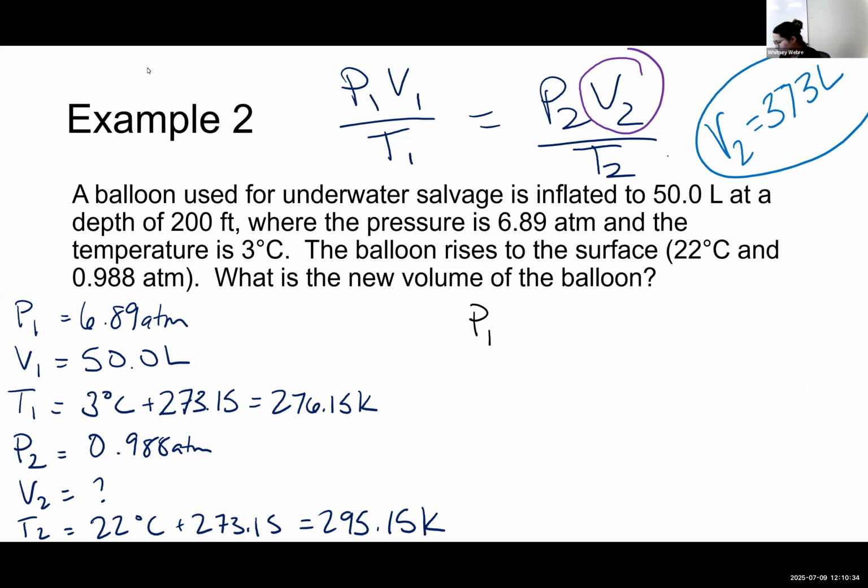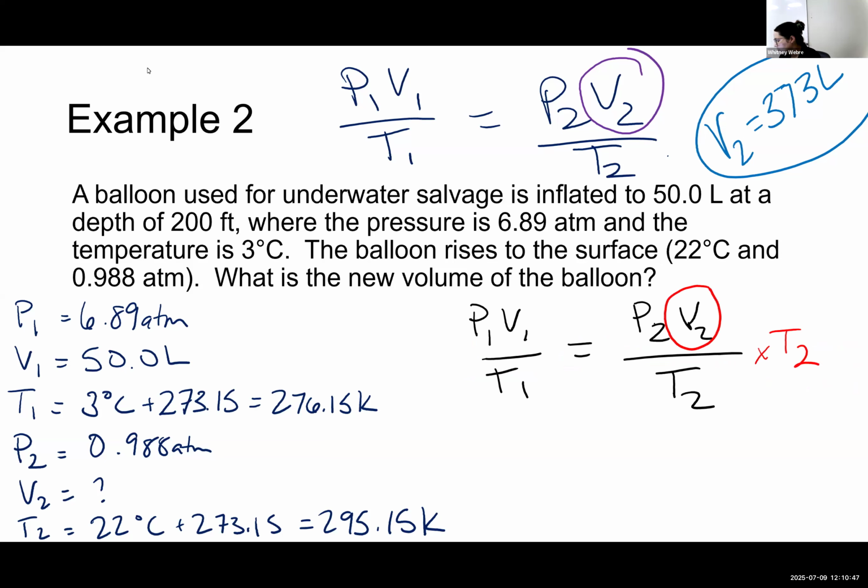If I have P1 V1 over T1, and I want to isolate V2, the first thing I could do is multiply by T2 on both sides. That way these T2 cancel, and I now can simplify this equation to be P1 V1 times T2. Is this T2 going to be in the numerator or the denominator?